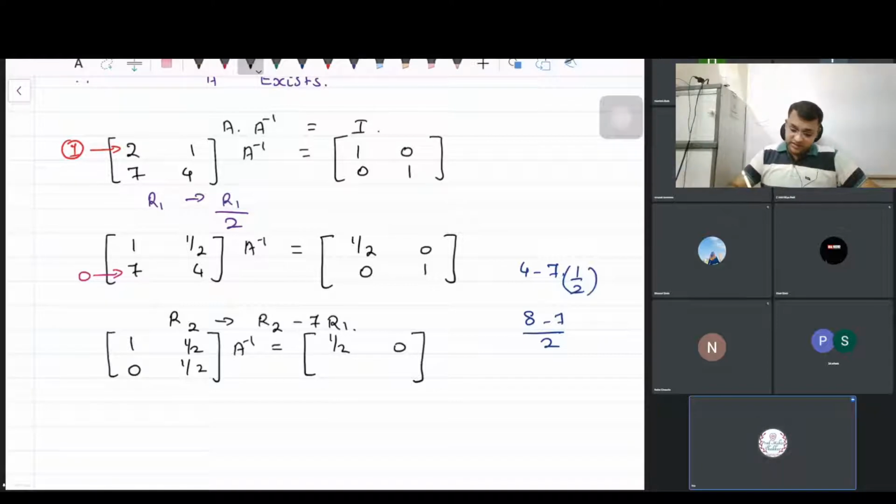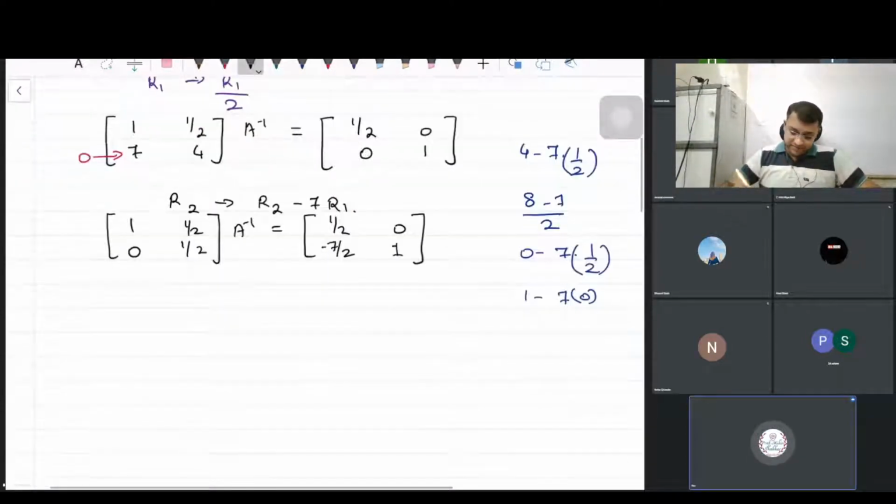For the next, it is going to be equal to 0 minus 7 into half, which is nothing but minus 7 by 2. And for the last, it is going to be 1 minus 7 into 0. So 1 minus 0 is going to remain as 1. So that is the way we get our required answer for this step.